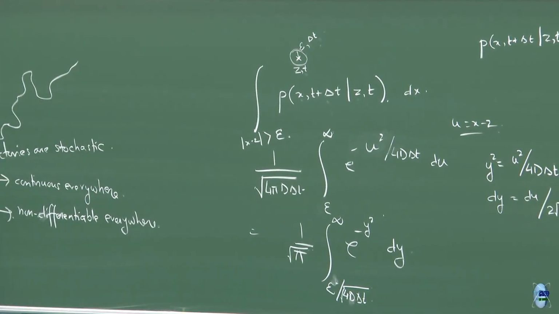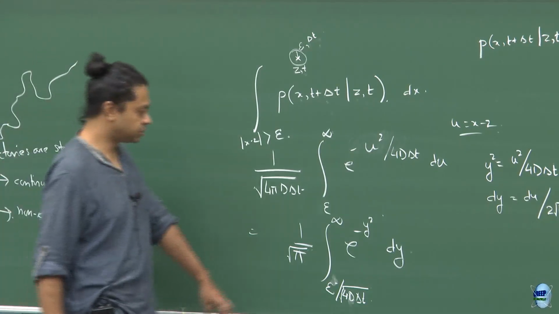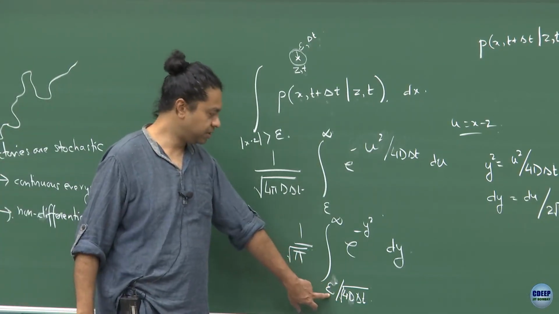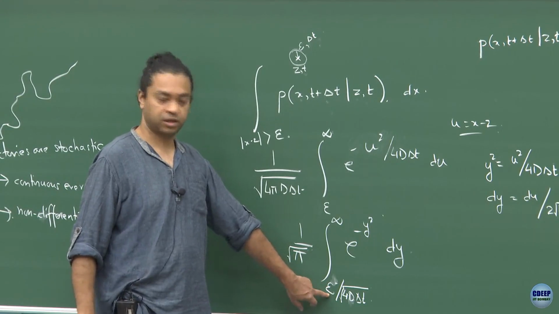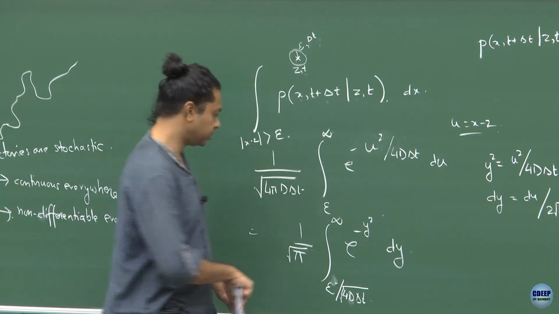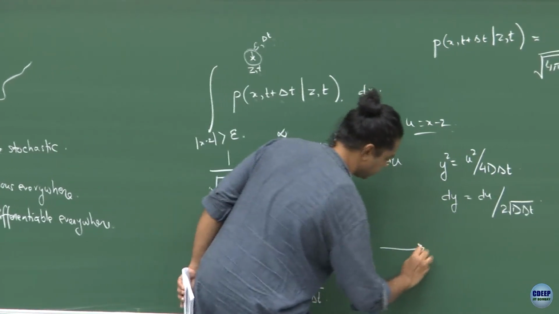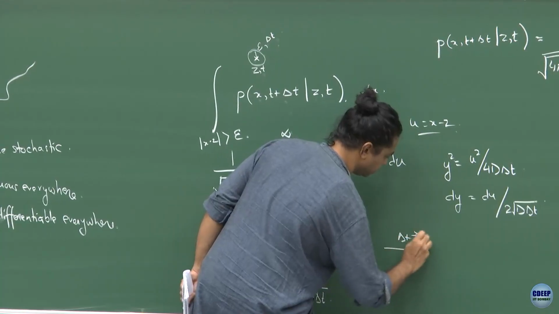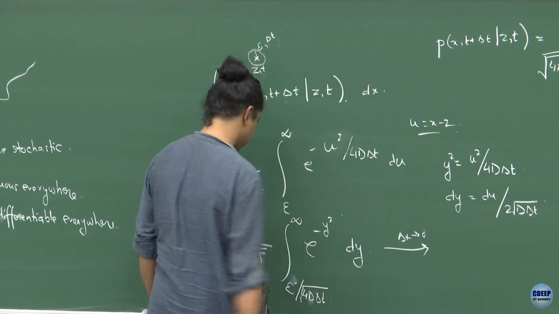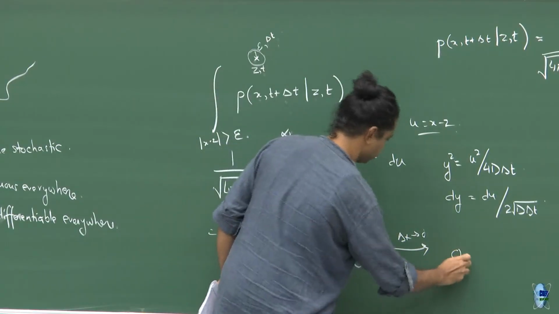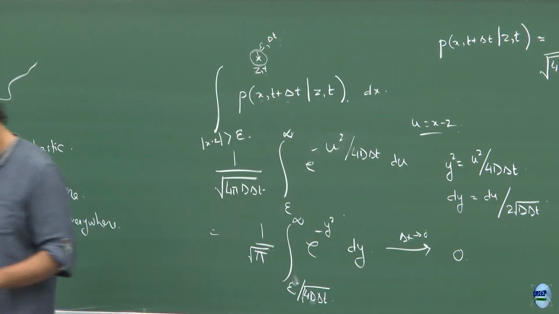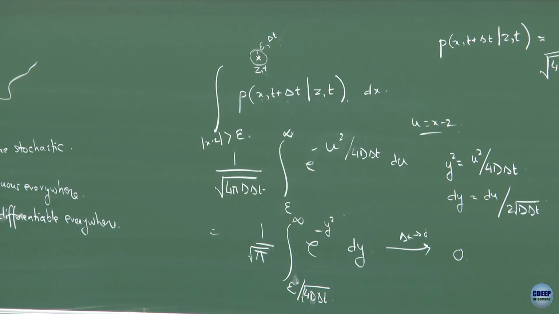Okay. And then in the limit that delta t goes to 0, this lower limit also approaches infinity, because you have an epsilon by 4 d root delta t. So, in the limit that delta t goes to 0, this integral approaches 0 itself, because the lower limit approaches the upper limit.